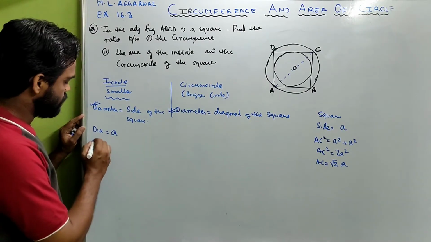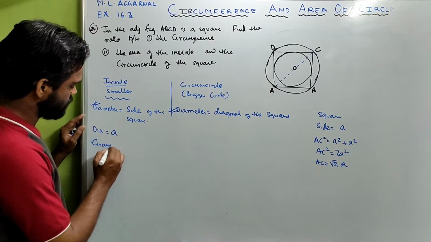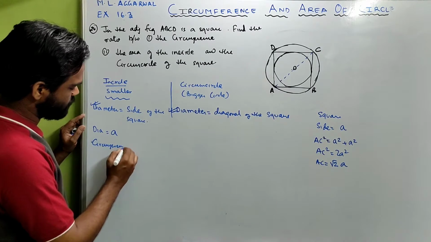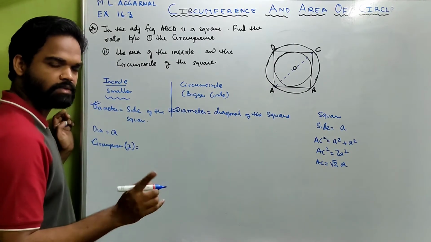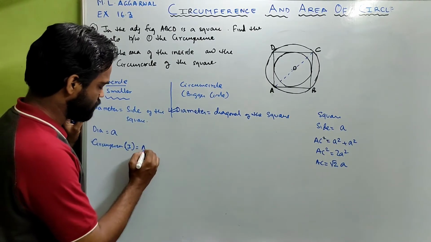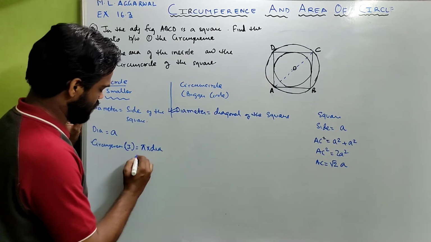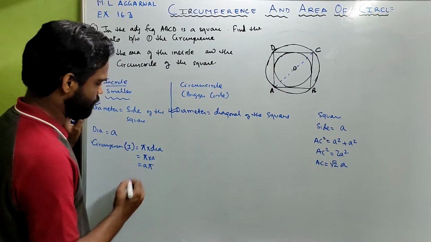Okay, so the circumference, suppose this is C1, which is pi d. We have a formula, circumference equals 2 pi r or pi d, it is the same thing, pi into diameter. So that's pi multiplied by A, that's A pi.